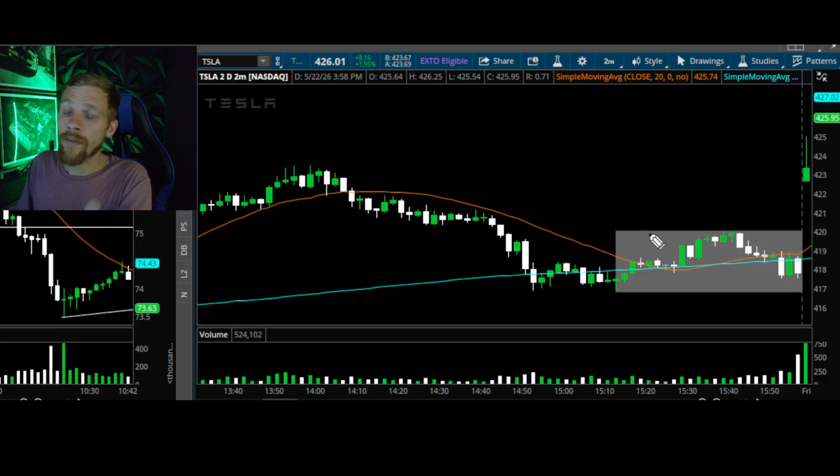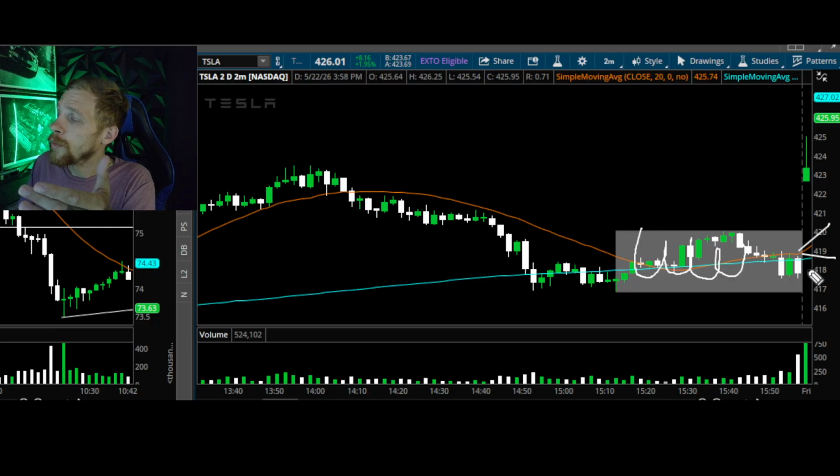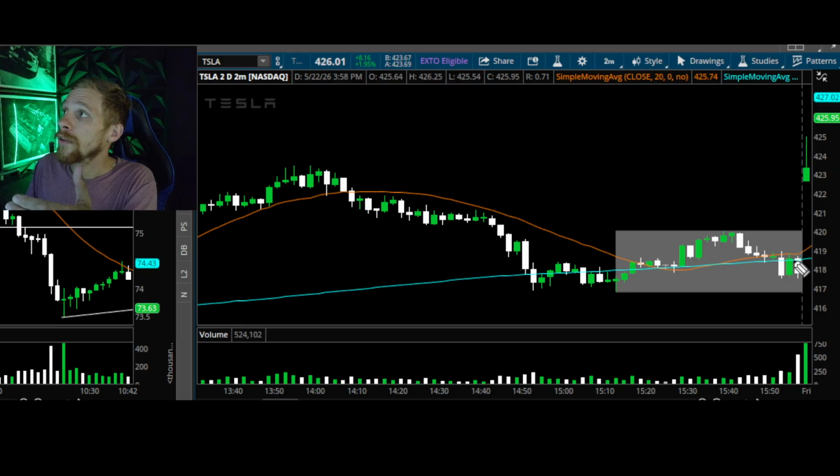I say this all the time, imagine you squeezing something like this. This is going to get a move. If the Fab 4 is in a narrow state like this, the SMAs are tight together, the open can cause a nice momentum move from this narrow state.